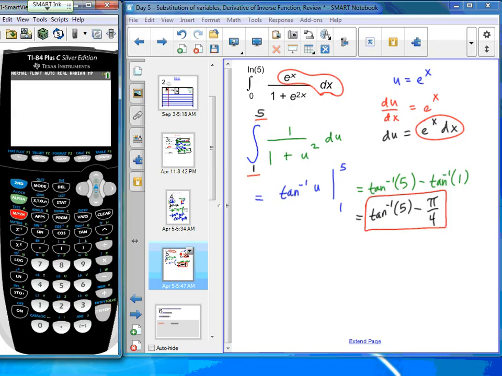So math 9, and I get 1 to 5. And my integrand function is 1 over quantity 1 plus x squared. And we'll check our algebraic evaluation, where we got inverse tangent of 5 minus pi over 4.